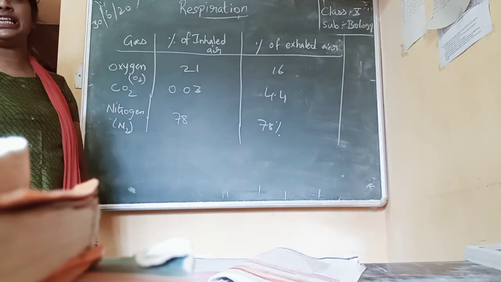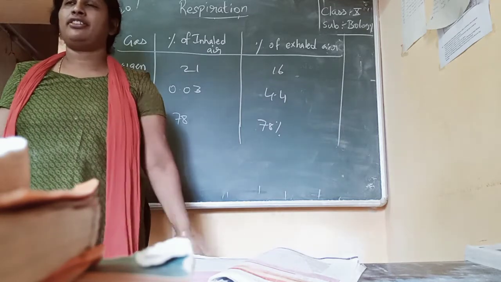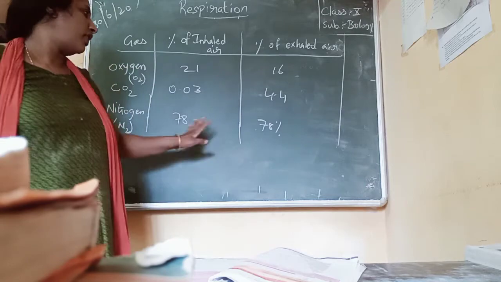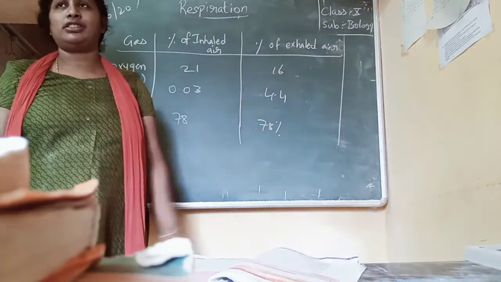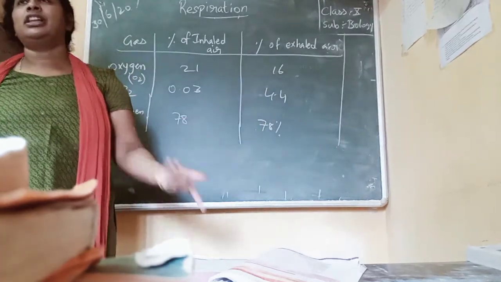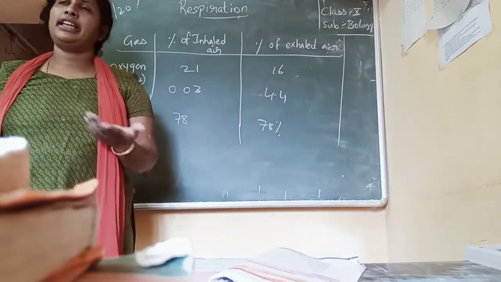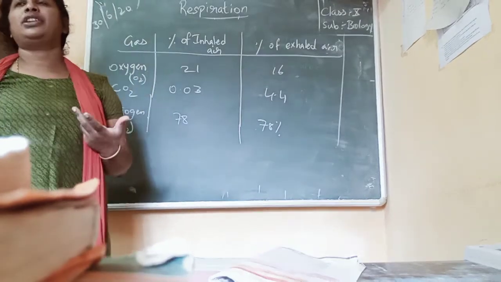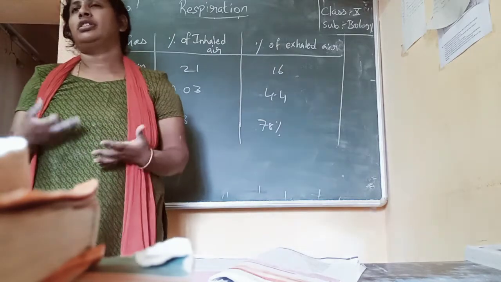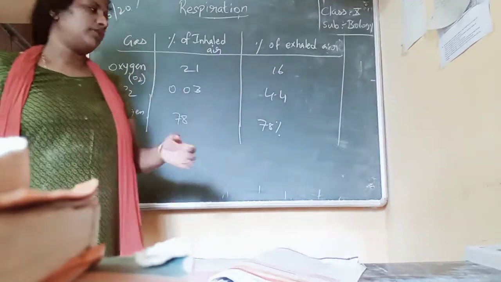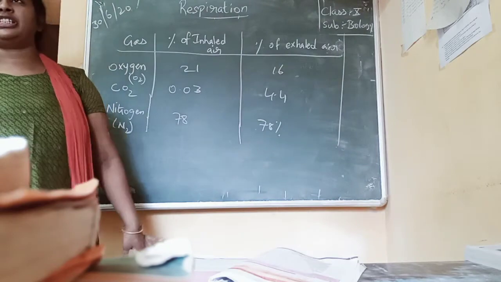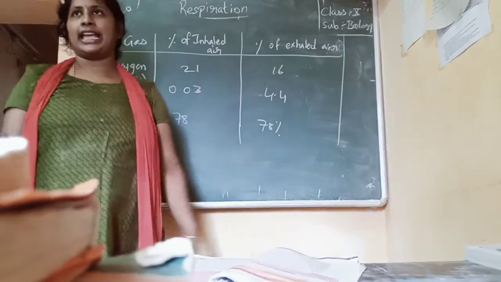We don't need nitrogen for our respiration. Okay, so how much is inhaled, that much is exhaled, because nitrogen is not utilized by cells for energy building. Means nitrogen is not needed to produce energy.